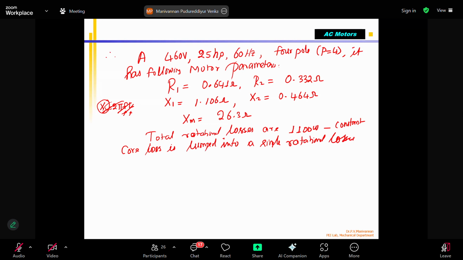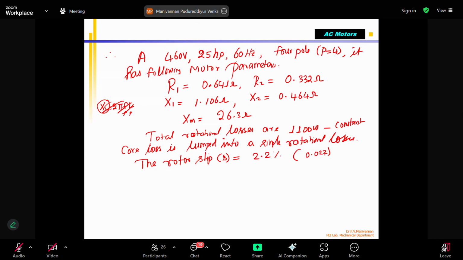Okay. Then what they told is, because we know that in an induction motor we need to know the slip also. Slip is a very important parameter. The rotor slip, which we call small s, equal to 2.2%. That means it is 0.022, correct?